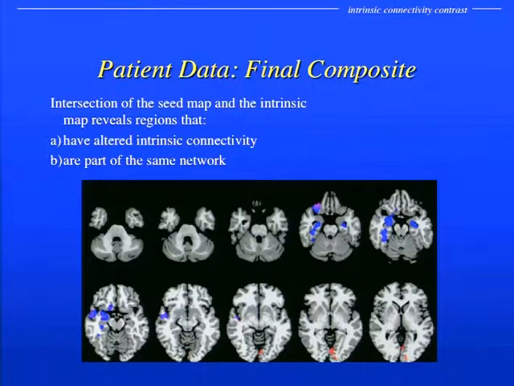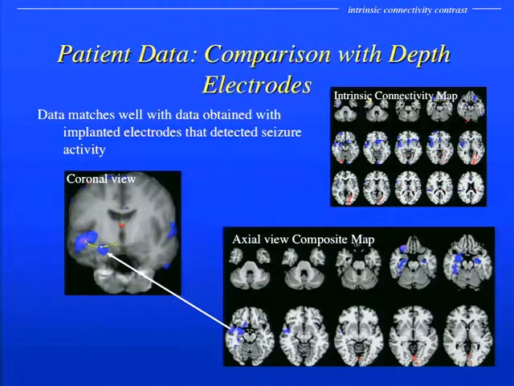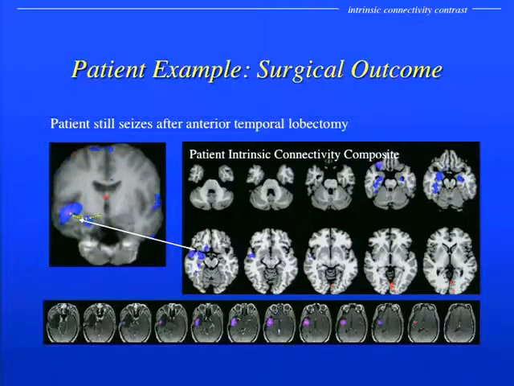And so this is the final composite for that patient, again showing this right temporal region. The electrodes also showed that region here. This looked like a great example of how our technique really works. This patient went to surgery, and this is the region that was taken out, with our region overlaid on the void there.